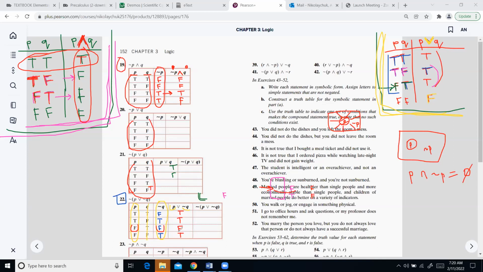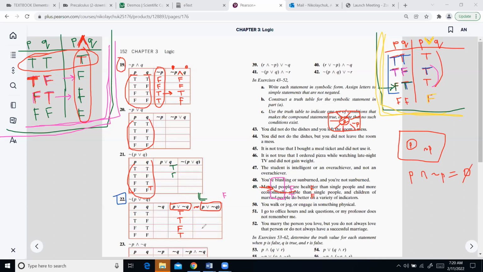So please notice we do quite a few exercises in this problem 22. And little by little, we're moving towards the end of that entire story. So the end of this entire story will be to take this result that we just produced, which is right here, P or not Q, and negate it.